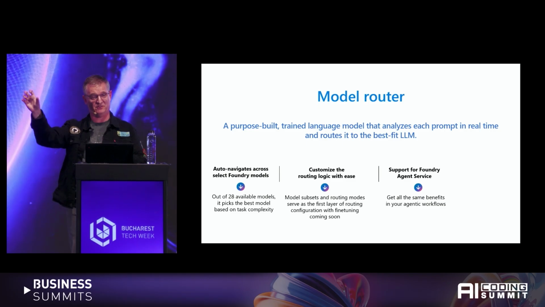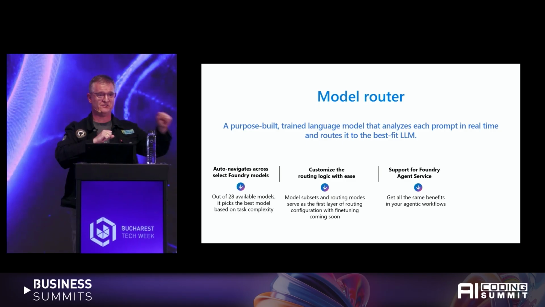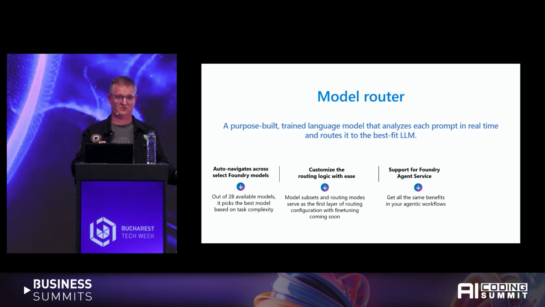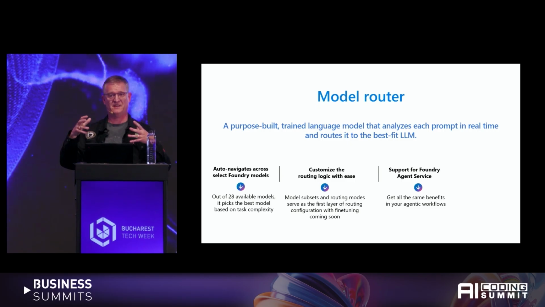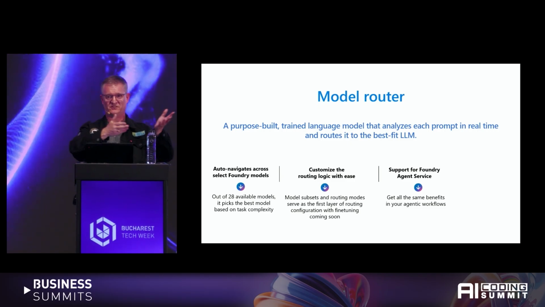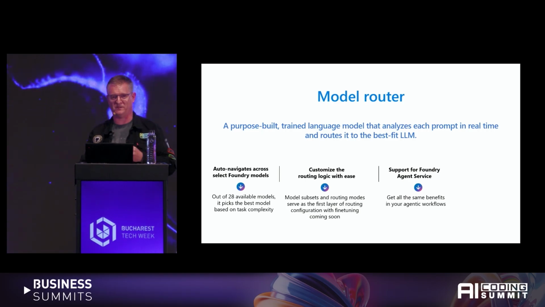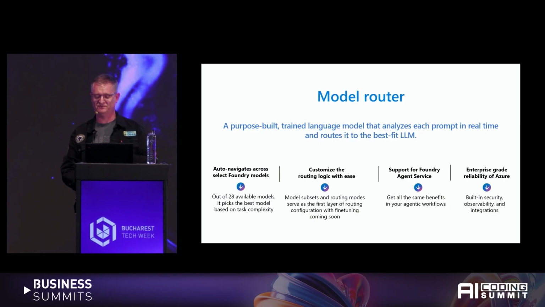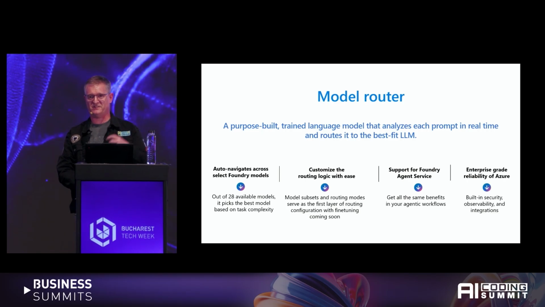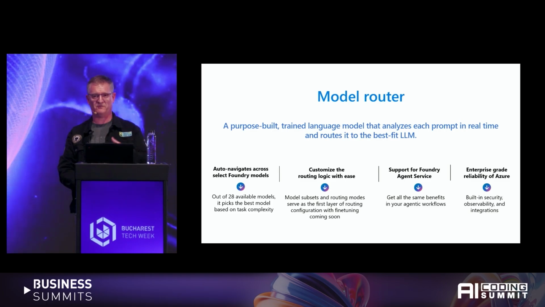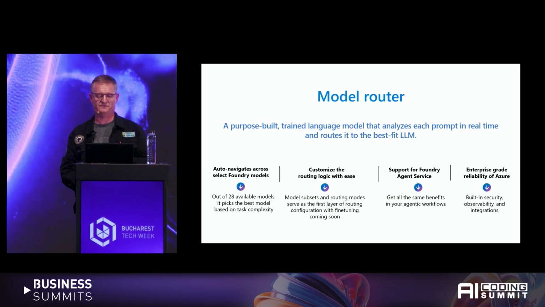So if you want to have an agent, the agent can talk to Model Router to then route to any of these 28 models, because that's a real big complexity when you start building agents, because an agent has to have a model endpoint. We allow you to choose Model Router, which will then appropriately route the prompt to the right model. And it has to be enterprise grade, so it has to support security, observability, evaluations.